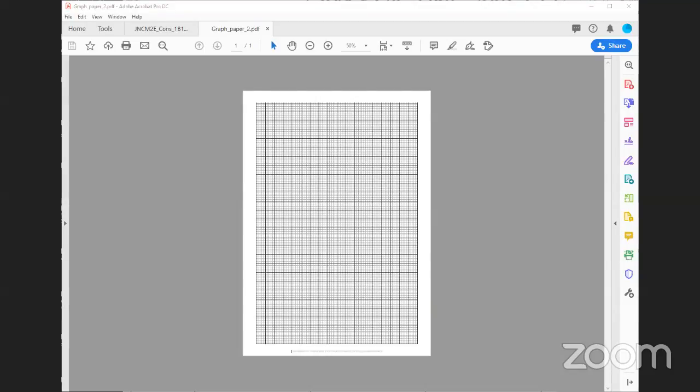Therefore, you don't need to squeeze your diagram. It means you have such a big piece of paper, so you should not just draw in this way. You can make use of all the space.